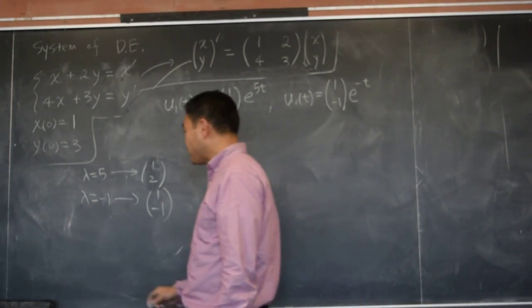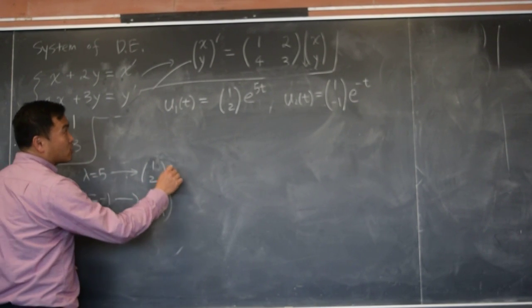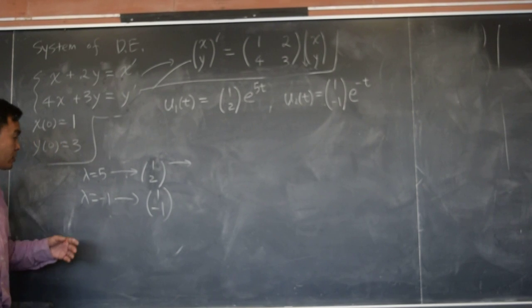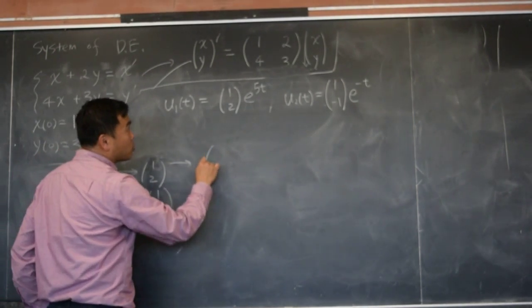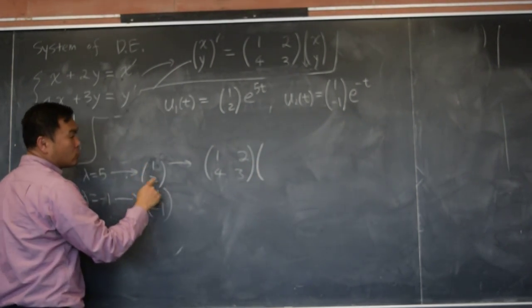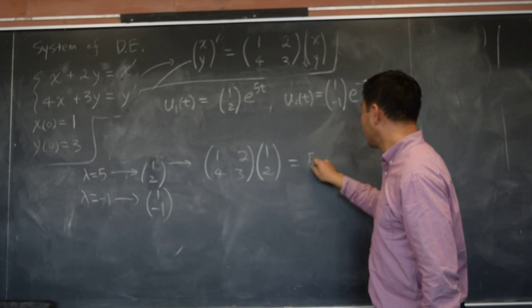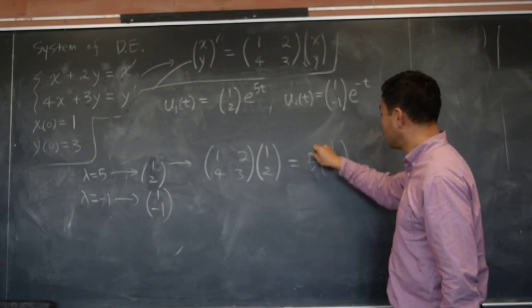Now let's see why. Well, first, what was the definition of the eigenvector? It was that (1, 2; 4, 3) times (1, 2) would equal 5 times (1, 2).